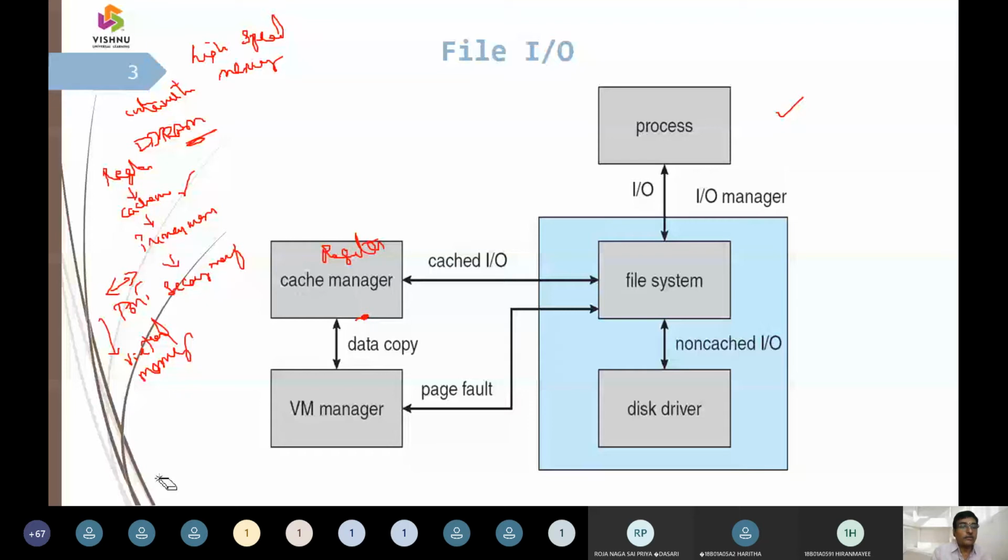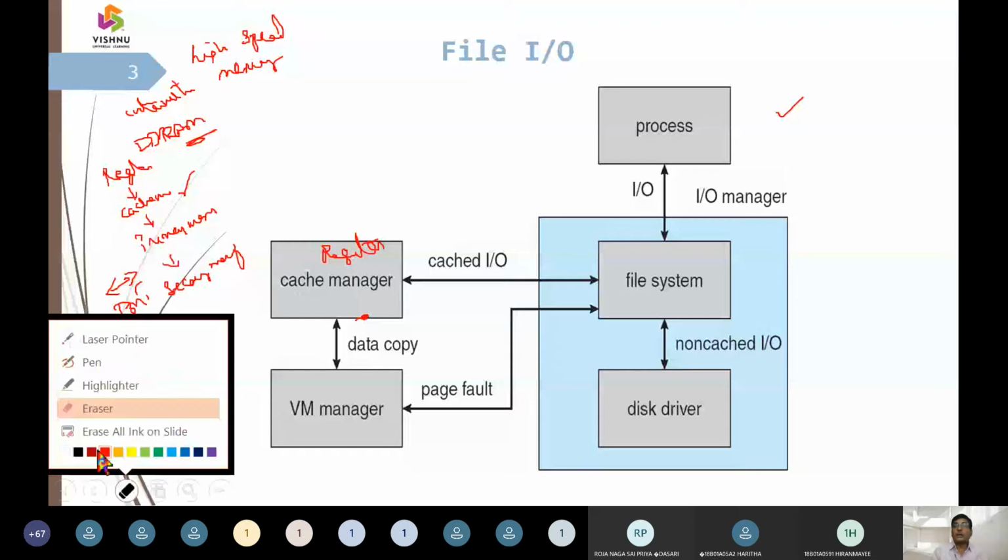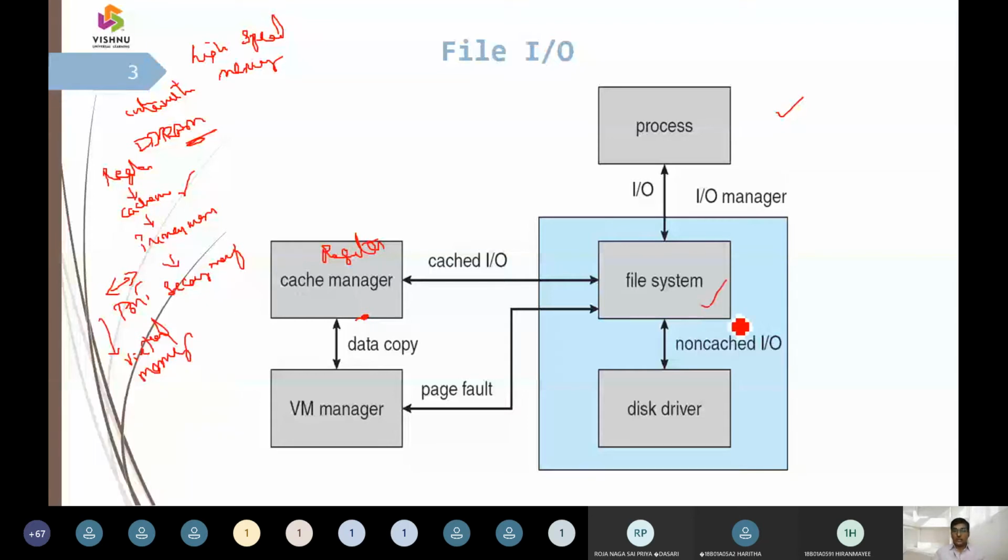We will be having this file system content. The file system manager is going to maintain all the different types of files. It is going to set up read operations and write operations. It is going to allocate files and allocate a directory structure.